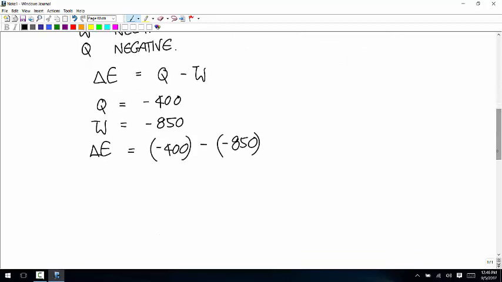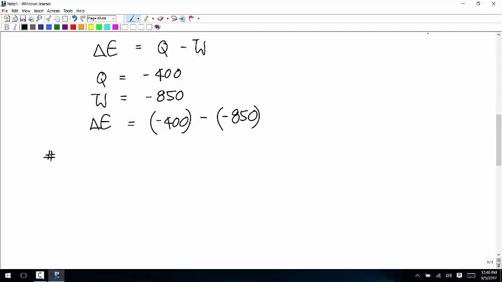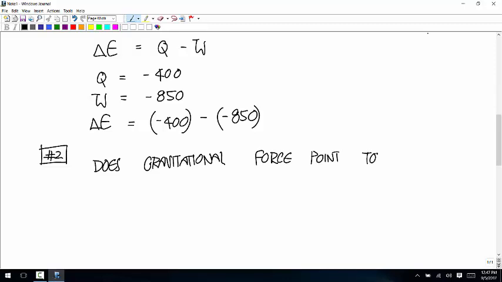So number 4 is related to numbers 2 and 3. So let's think about those for a second. So number 2, does a gravitational force point toward higher or lower gravitational potential energy?